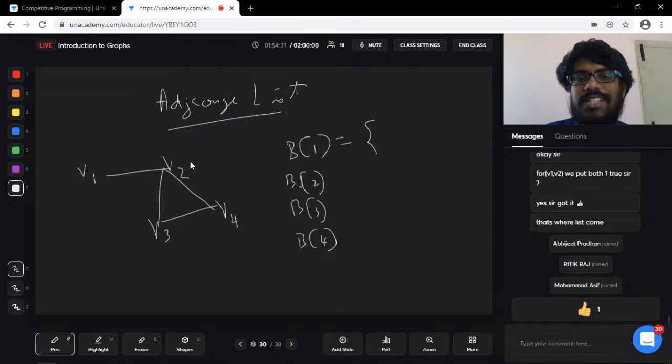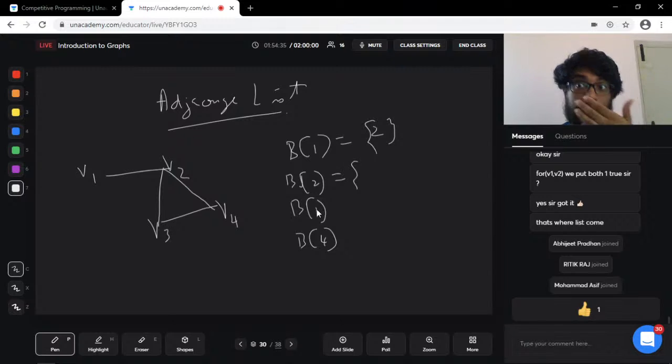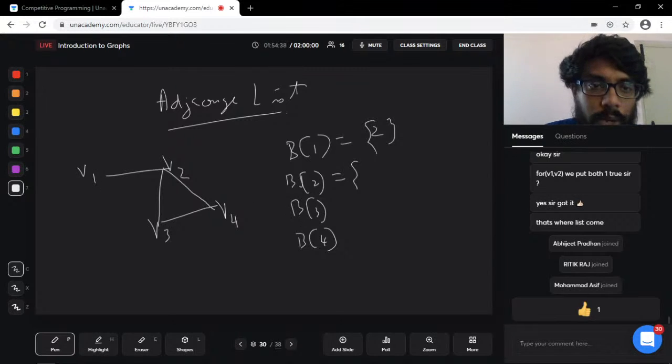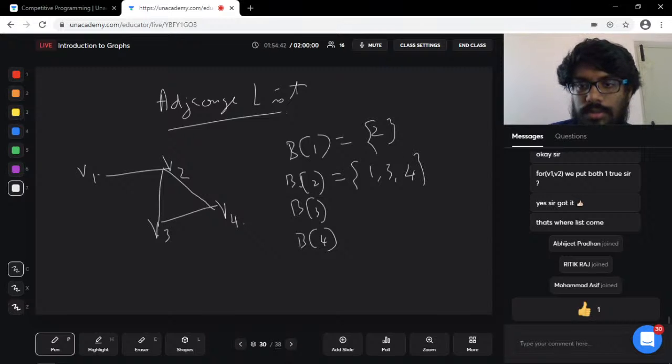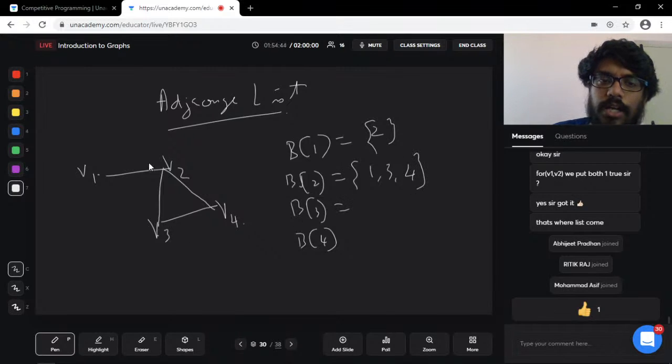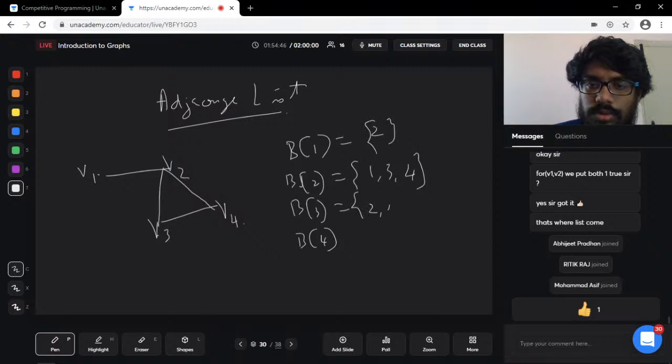What are the neighbors of 1? It's just 2. B of 2 is going to store all the neighbors of 2. What are the neighbors of 2? It's 1, 3 and 4. Neighbors of 3 are 2 and 4. Neighbors of 4 are 2 and 3.